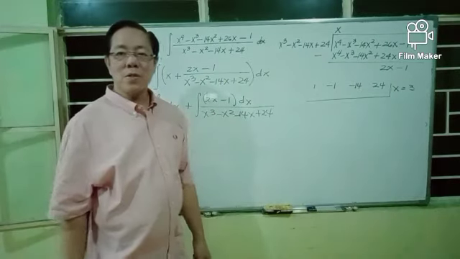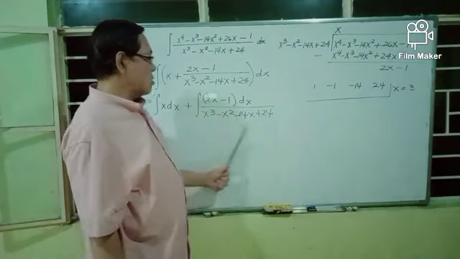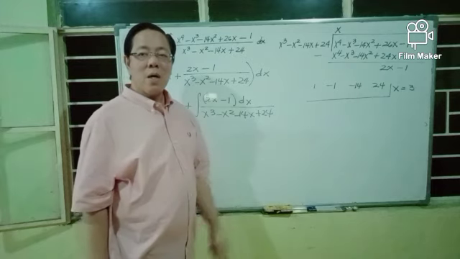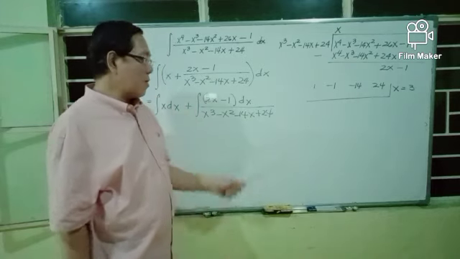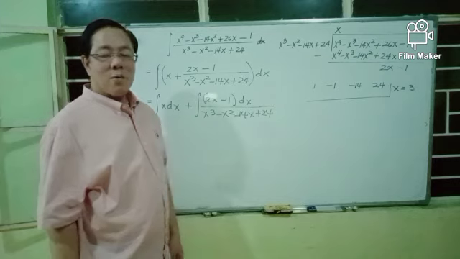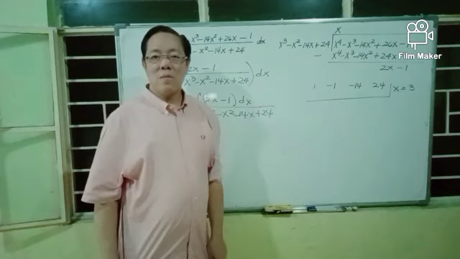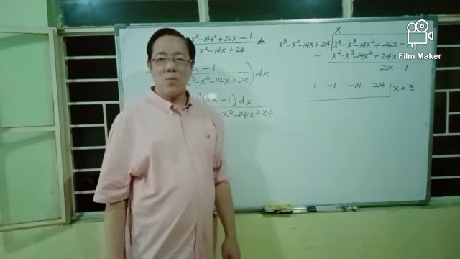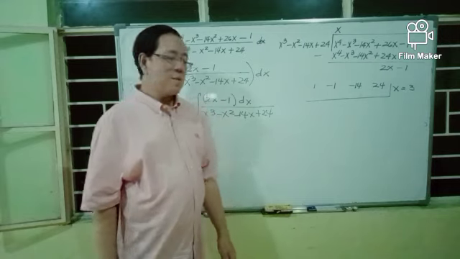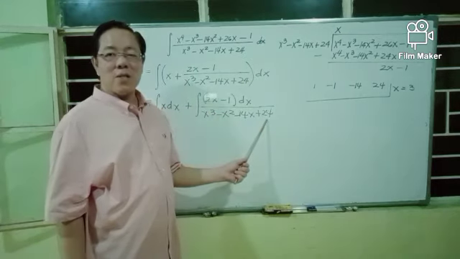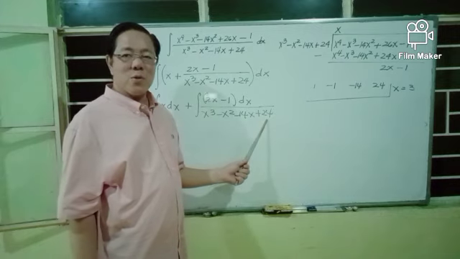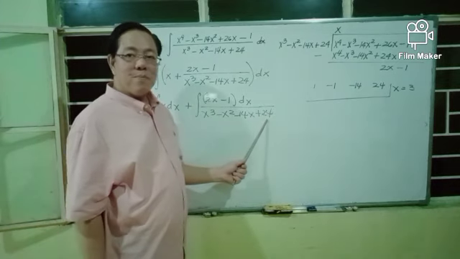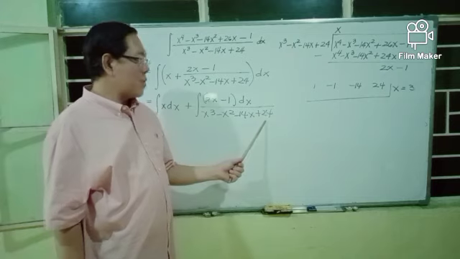The possible roots of this cubic equation, when equated to 0, are divisors of the constant term. And what are the numbers that divide 24? We have positive 1, negative 1, 24, negative 24. 12 is a divisor of 24, as well as negative 12. Plus and minus 4 are divisors of 24.